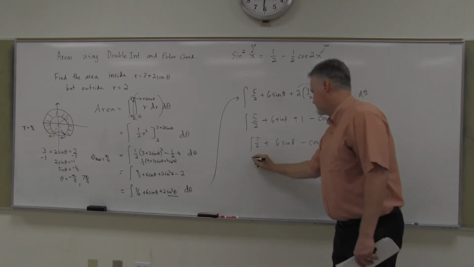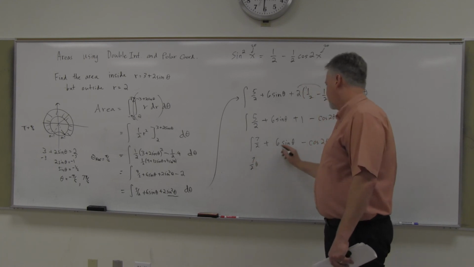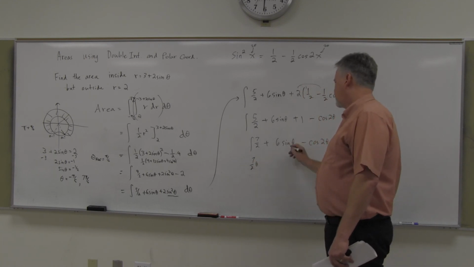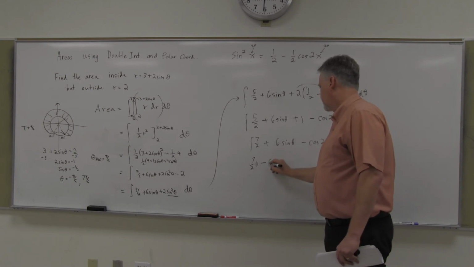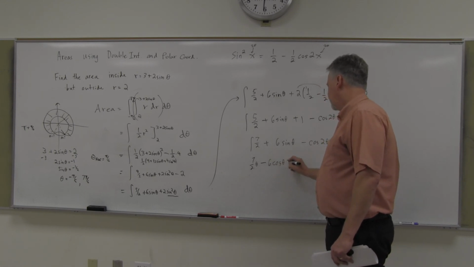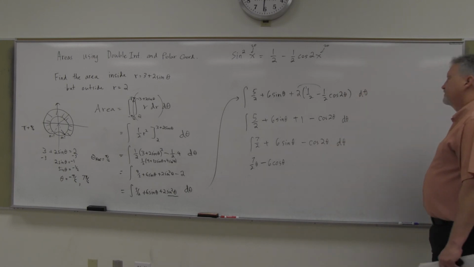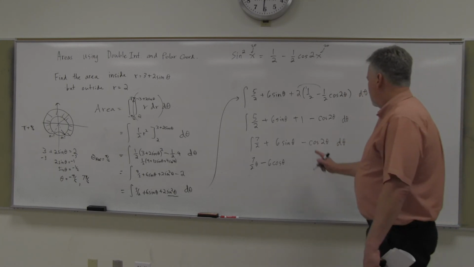Yeah, this is easy, 7/2 theta, antiderivative. That's easy. Antiderivative of sine is negative cosine.